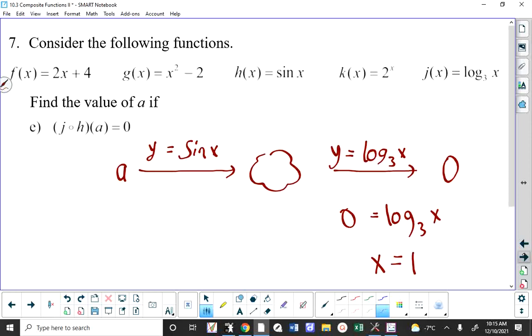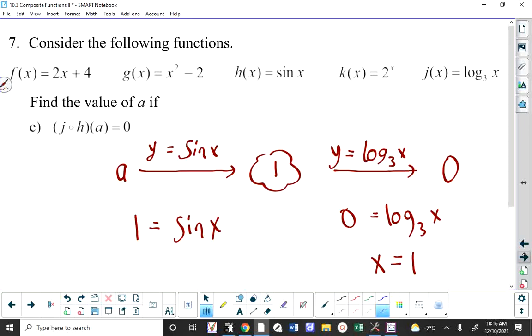Because if we convert log base 3 of x equals 0 to exponential, we write 3 to the 0 equals x. 3 to the 0 is 1. So we now know that 1 came out of h of x, and that means 1 equals sine of x, and it's a basic trigonometric equation to solve.